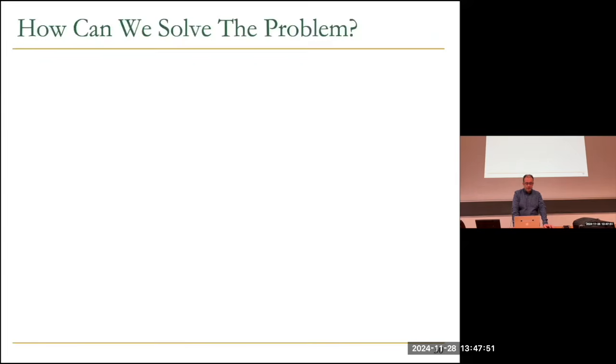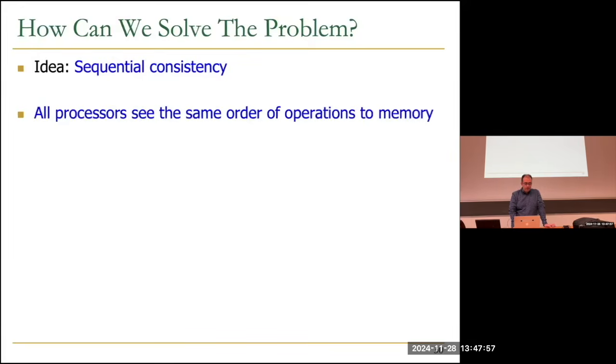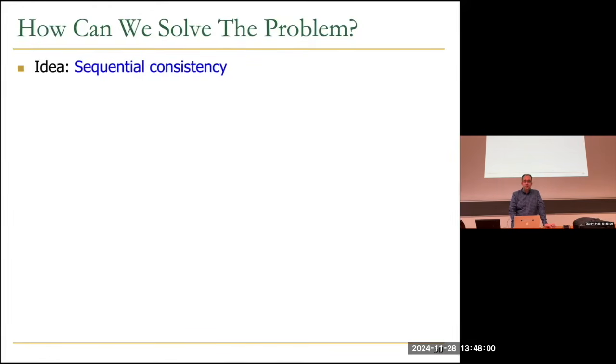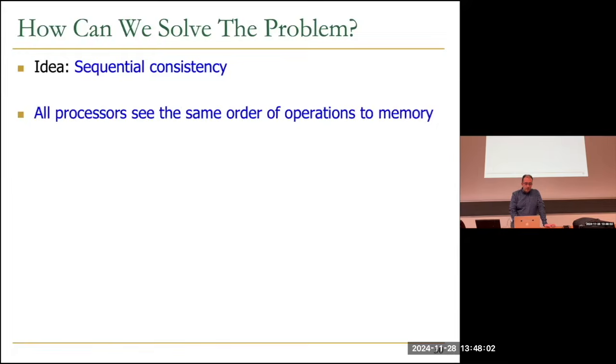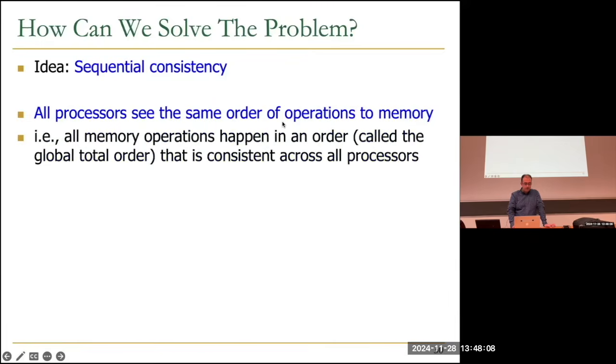So that's the problem. So how can we solve the problem? The idea is sequential consistency, which is actually proposed in that two-page paper by Lamport. So all processors see the same order of operations to memory. It's actually quite a strong consistency model. So all memory operations happen in an order called the global total order that is consistent across all processors. This is really important that all processors see the same order.